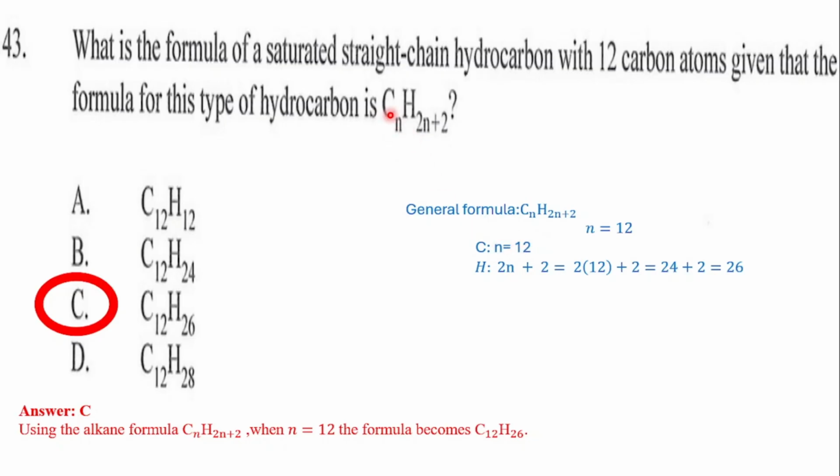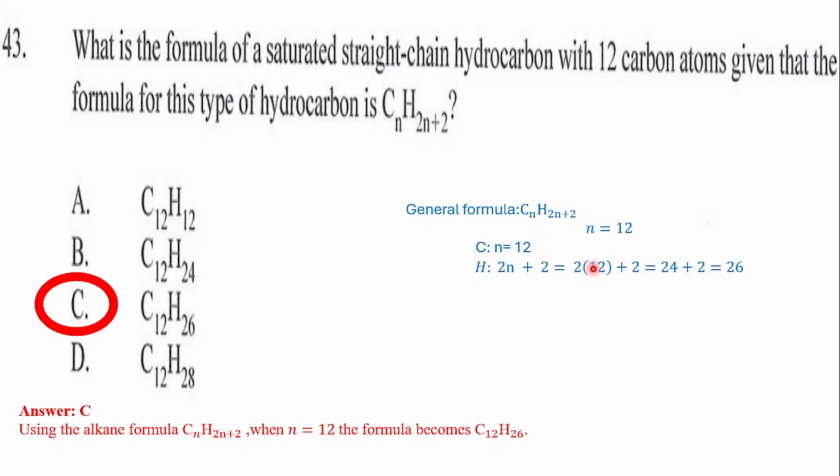So that means that we have what? C12. That's why this says C12, right? Then we have H. If we look at our H, we have 2n plus 2. Again, 2n plus 2. So what is n? Well, n is 12. So whenever we see n, we're going to put 12. So we have 2n, or 2 times 12 plus 2. Now, what is 2 times 12?